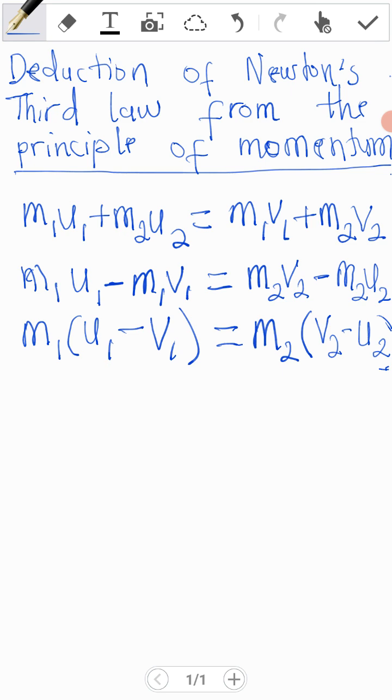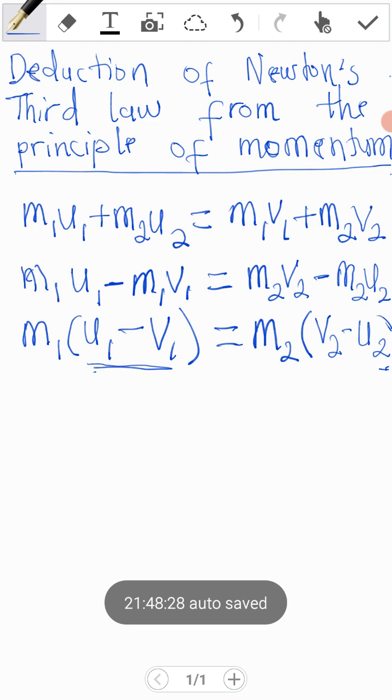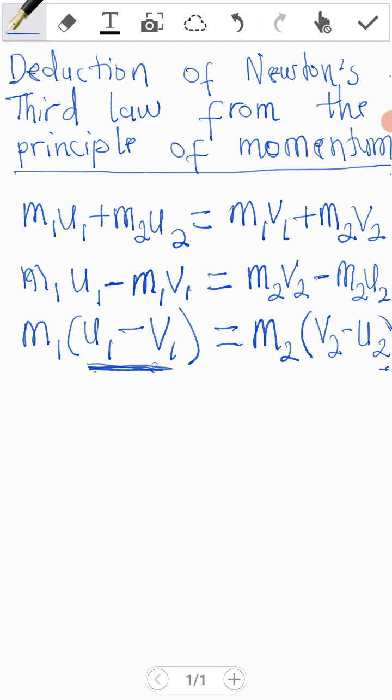Now that we have this, we can say that u1 minus v1 shows that there's a change in velocity. This is the negative aspect of the change, because in the normal sense it's supposed to be v1 minus u1, but here it's quite the opposite.